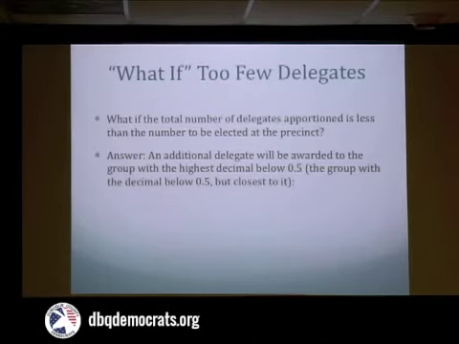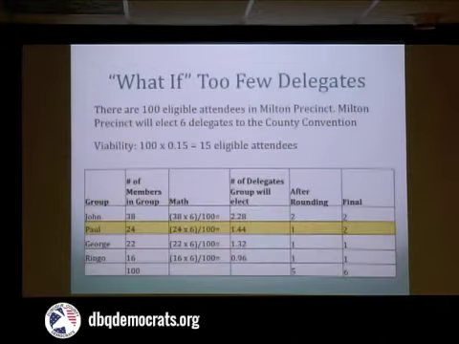So what if the total number of delegates apportioned is actually less than the number that your precinct gets? With rounding and this and that, that's possible. And so the simple answer is an additional delegate will be awarded to the group with the highest decimal below 0.5, kind of meaning that the group that was closest to rounding up but did not will actually be apportioned an additional delegate. And I'll run through an example of what that looks like.